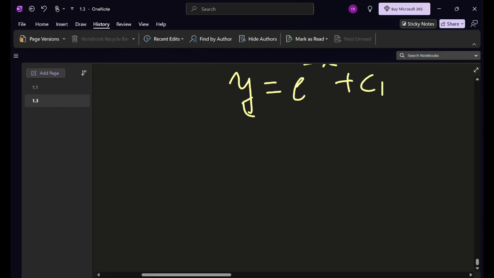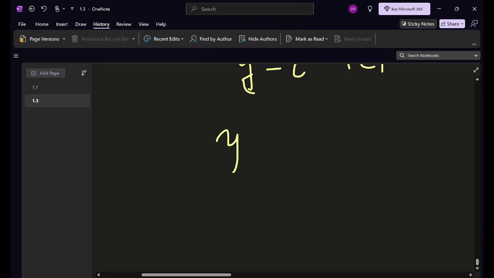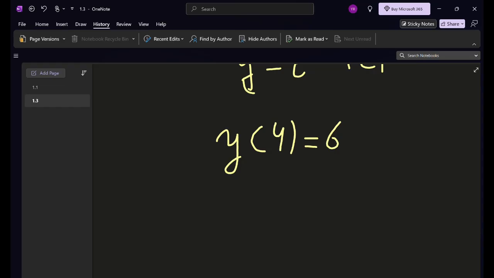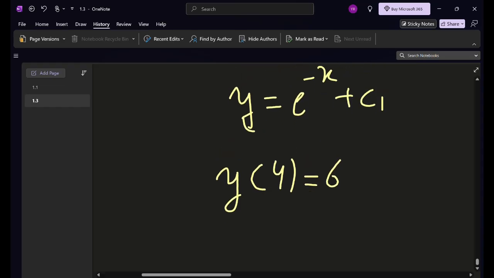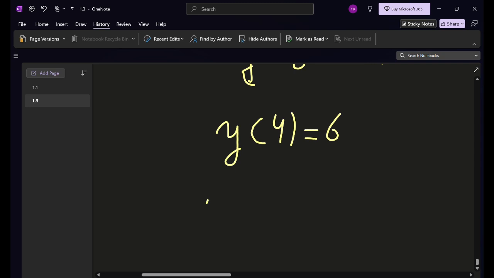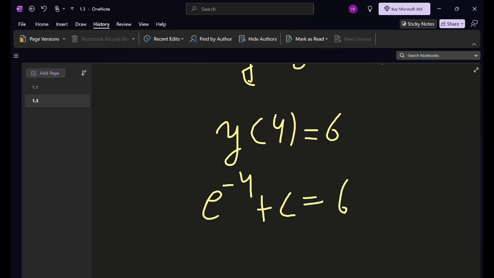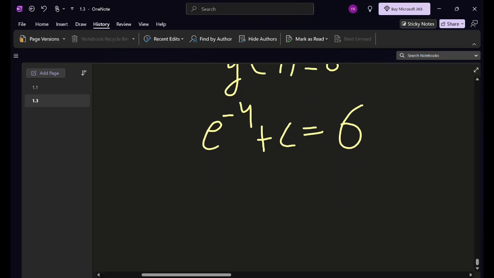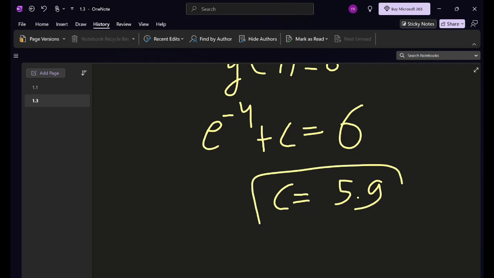Now putting in the initial value we have been provided with, which is y of 4 is equal to 6, and putting it in the equation we get e to the power minus 4 plus c is equal to 6. Now if we put e to the power minus 4 in the calculator, we get the answer to be c is equal to 5.9. And that is how we solved the 11th question.